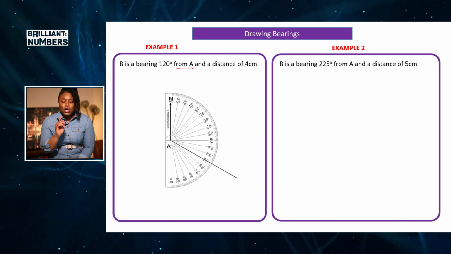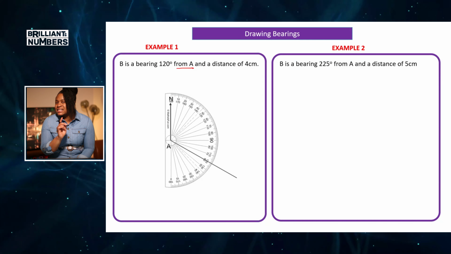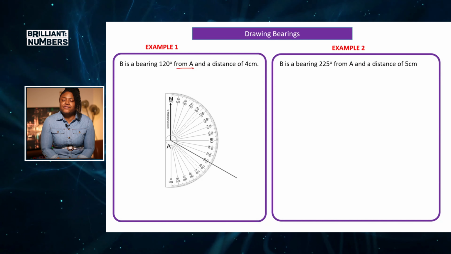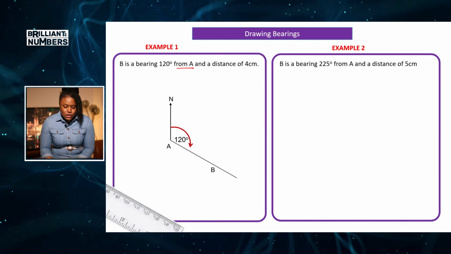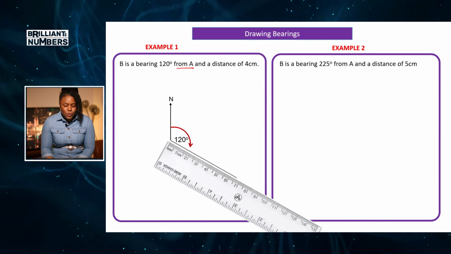However, because I was asked specifically to do a distance of 4 centimeters, I now need my ruler to measure that 4. So I mark my 4 off and I put my point B there. Now, a good practice here would be just to simply erase the extended part of the line.